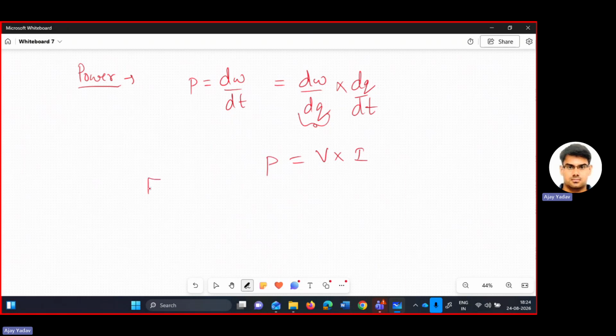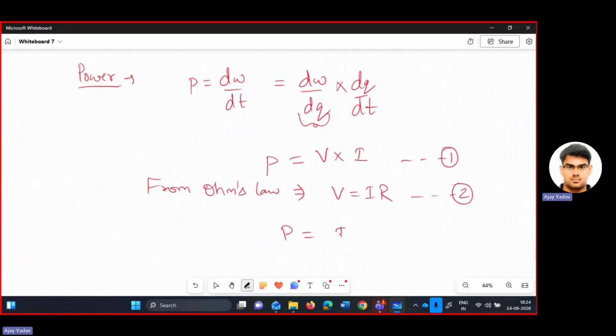Now from Ohm's law, you can say that V is equal to I into R. So if this is equation number 1 and this is equation 2, you put the value of V from equation 2 into equation 1.